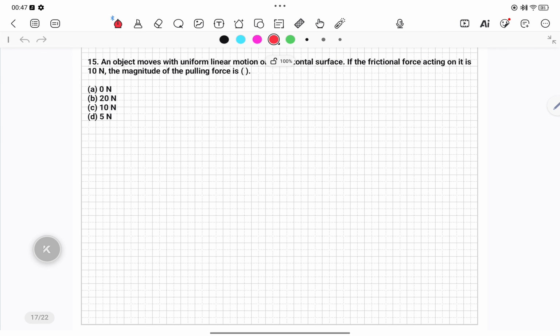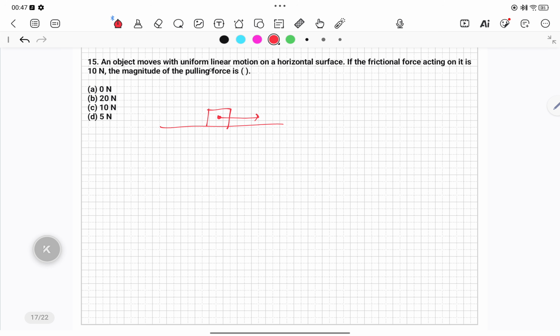Question number 15. An object moves with a uniform linear motion on a horizontal surface. The friction force acting on it is 10 Newton. The magnitude of the pulling force is. Here, suppose this is the object, and this object is moving with a constant velocity.